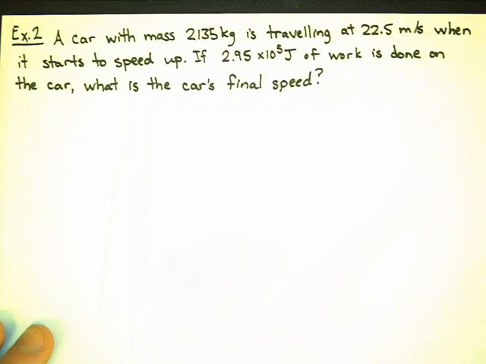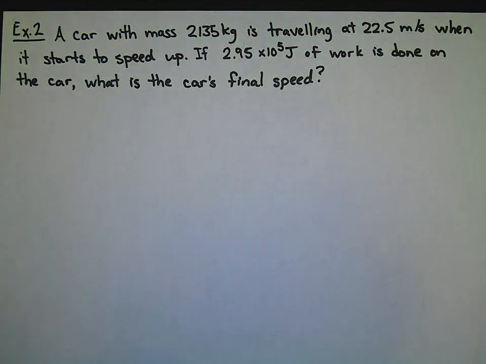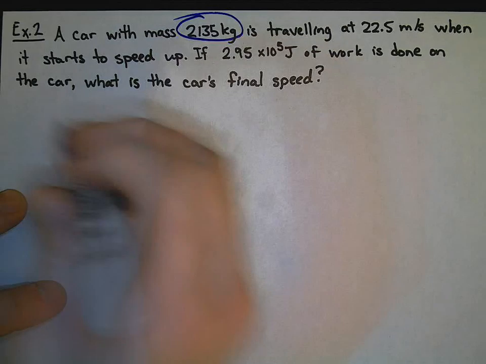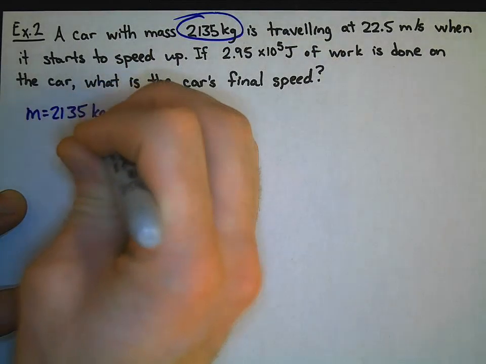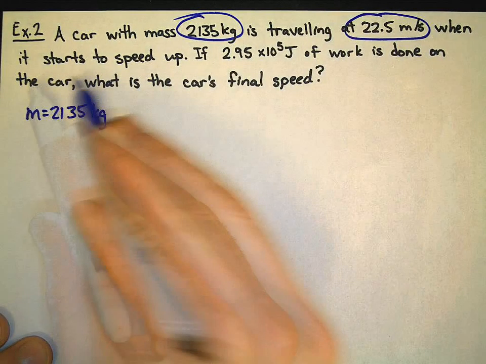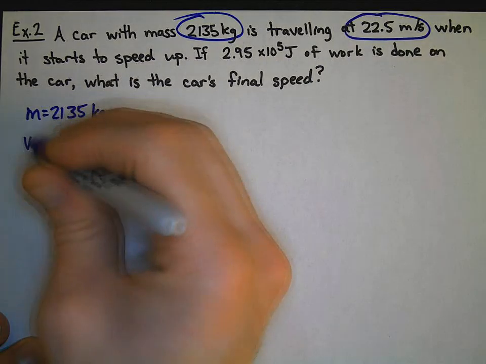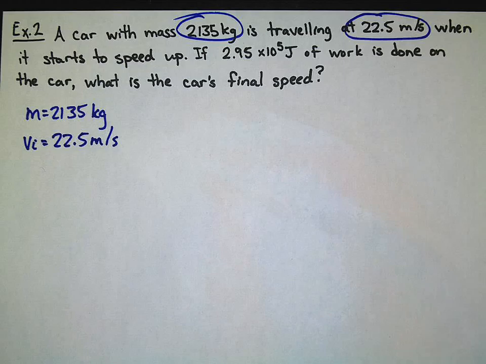And in the first case, we have a car that has a mass of 2,135 kilograms. And it is traveling at 22 meters per second when it starts to speed up. So my initial speed is 22.5 meters per second.